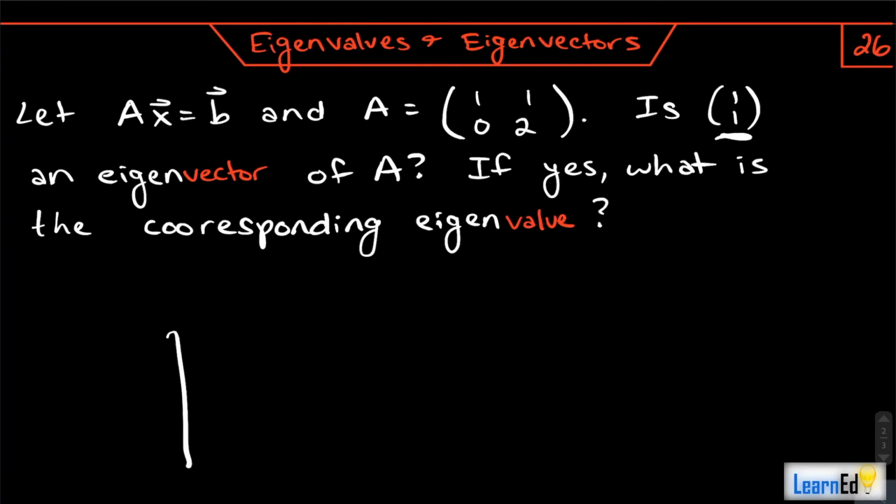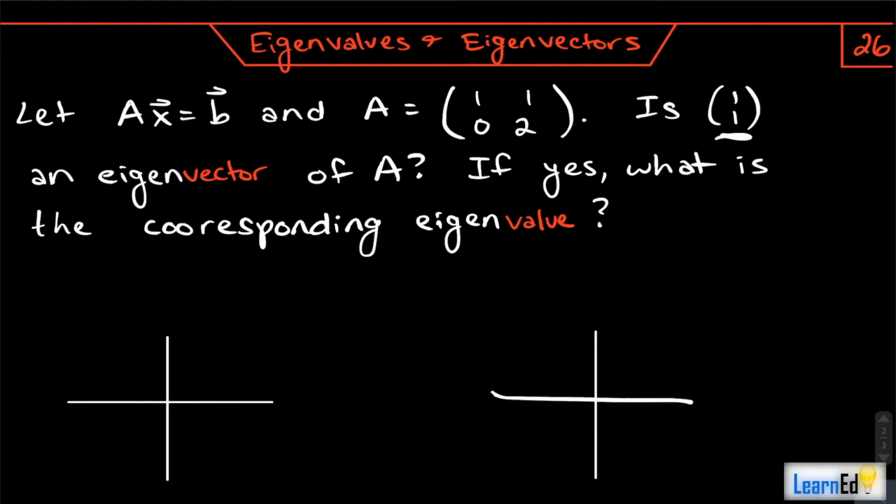So if we have a transformation from R2 to R2, maybe we have a vector pointing in the y direction, and we'll call this A. But when we transform this vector, we will still get a scaled version of that same vector, still pointed in the same direction.